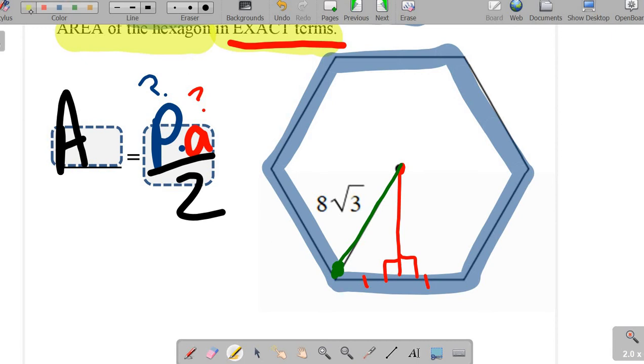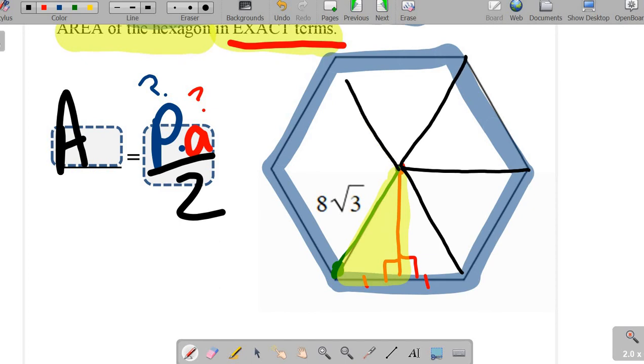You should start getting this strange prickly feeling at the back of your head like, whoa, this feels kind of familiar, because lo and behold, look, kiddos, we have ourselves a right triangle. Let's ask ourselves if we can do anything with it. To find the measure of any angle in this triangle, I'm going to create my pizza slices here, which are, I'm going to draw in all the radii. There's a total of 6, right? Now look very carefully.